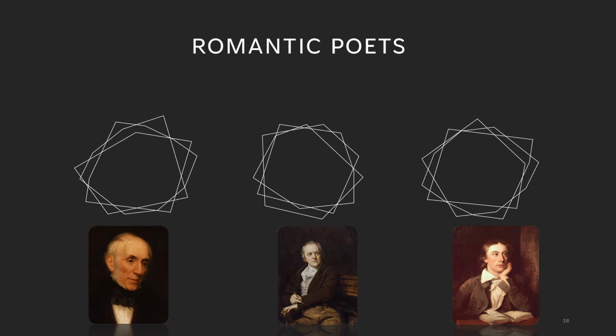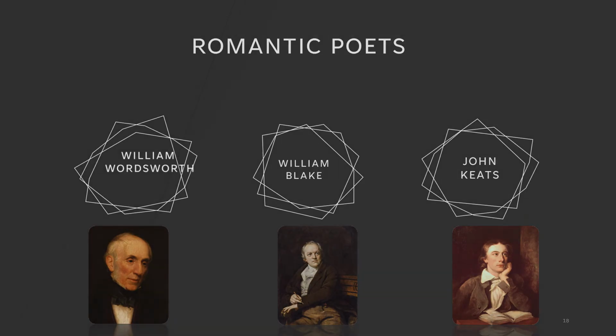Now, let's take a look at the Romantic poets. We'll be discussing the poets from our syllabus, and that would be William Wordsworth, William Blake, and finally, John Keats. William Wordsworth, 1770 to 1850.